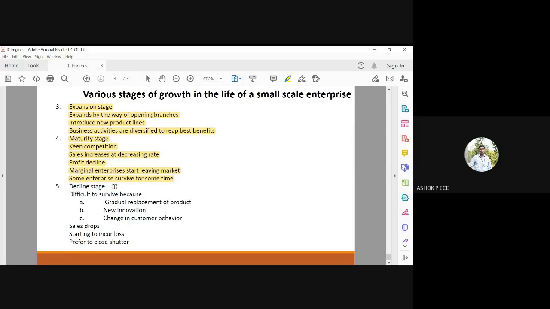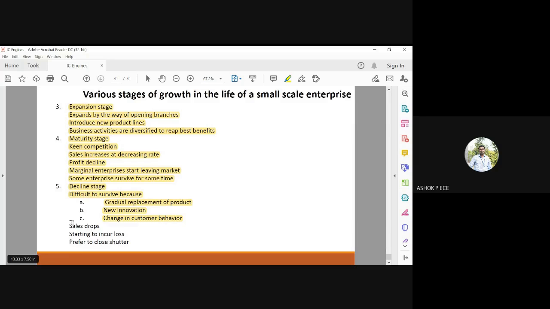Then the decline stage: it is difficult to survive because you have a lot of issues. One is gradual replacement of the product. Your product has inconsistent quality. New innovations have happened and your product seems outdated. There is a change in customer behavior: a customer who once liked your product now doesn't like it.